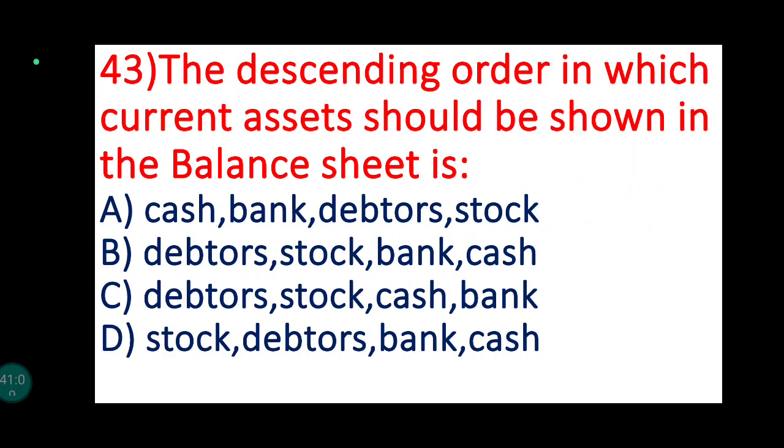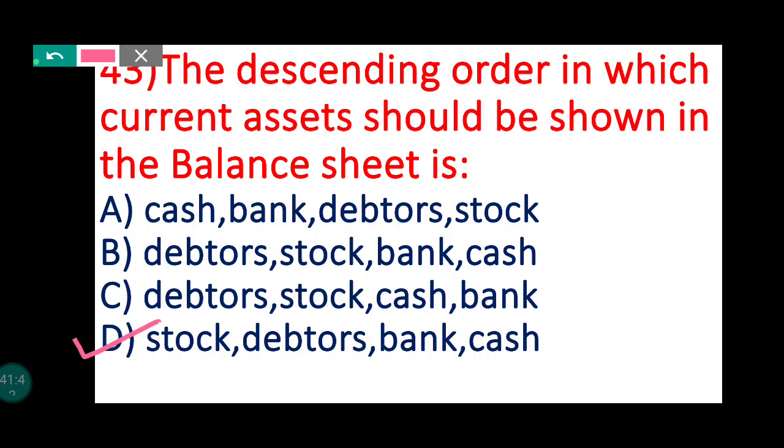43. The descending order in which current assets should be shown in the balance sheet. See, there is some specific way to show assets in the balance sheet. So assets listed from most difficult to turn into cash, progressing to the assets which is least permanent or easiest to turn into cash. So that descending order we can see here, it will be D, stock, debtors, bank and cash.